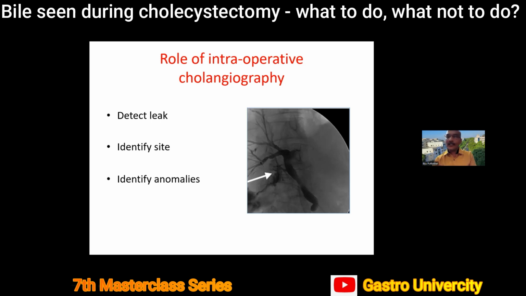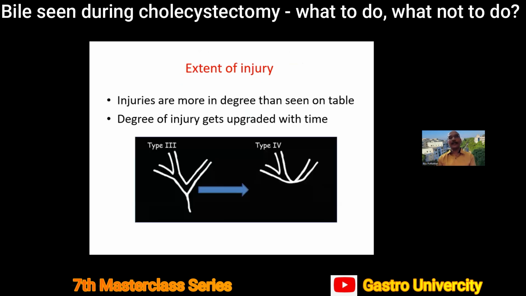So if you have a facility for intraoperative cholangiogram, use a small DJ tube or small stent, cannulate, and do a cholangiogram and see it. But this is also important only if you are planning to repair. If you just diagnose and your ultimate plan is referral, this also is not going to help.